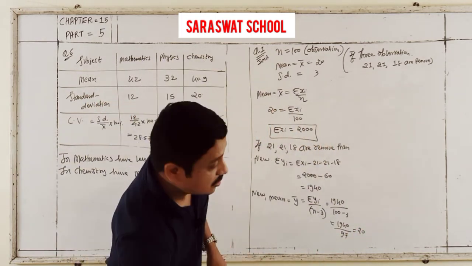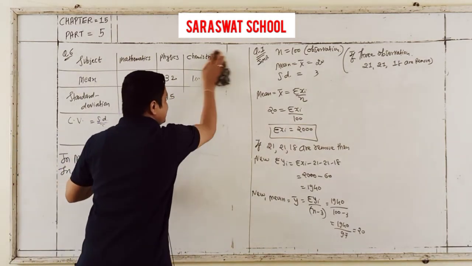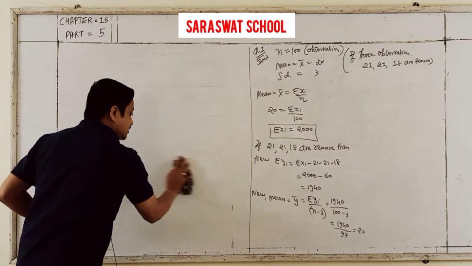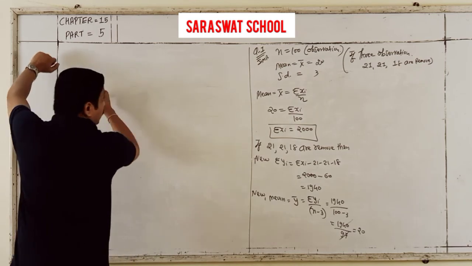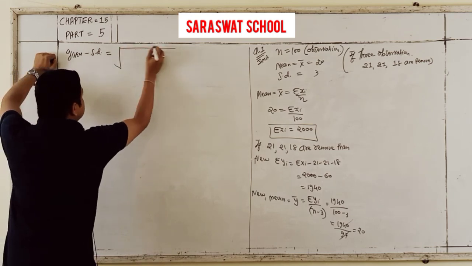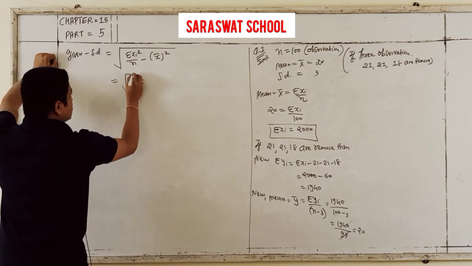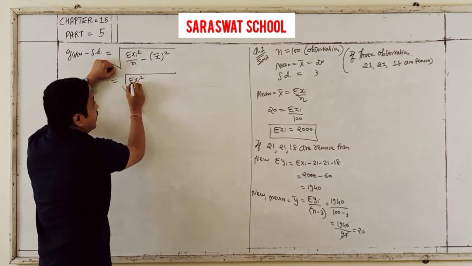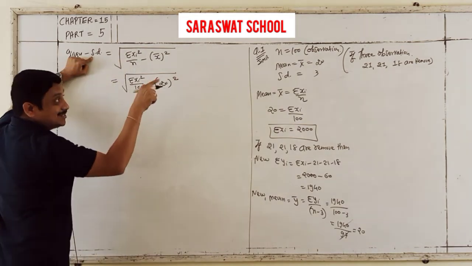Now I will continue with SD. First of all, the given SD I define, then after that students the new SD. This is using the calculator. So given SD is under root sigma xi square by n minus x bar square, where sigma xi square is unknown. n is known, 100, old mean is also given, 20, and here SD is known, 3.